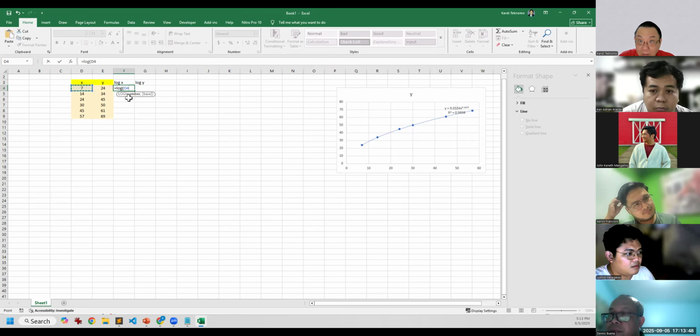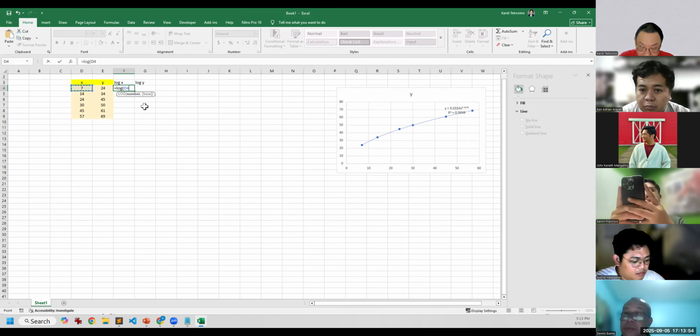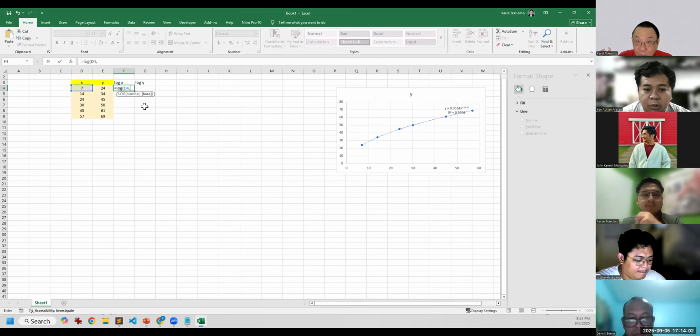Now the base, if you don't put one, will be the default of Excel. So say for example I put base 2. It's up to you to put whatever base you want. In here, I will just arbitrarily put base 2.